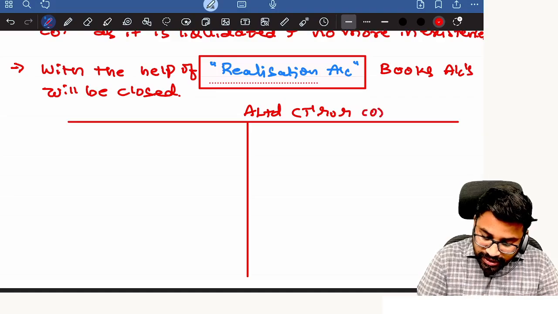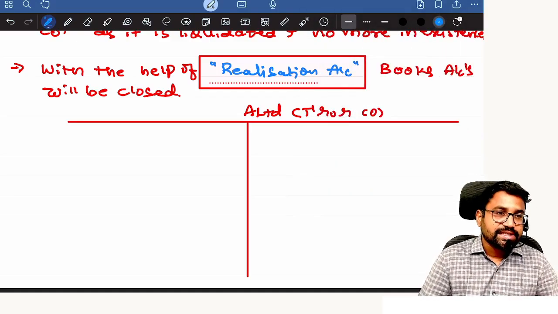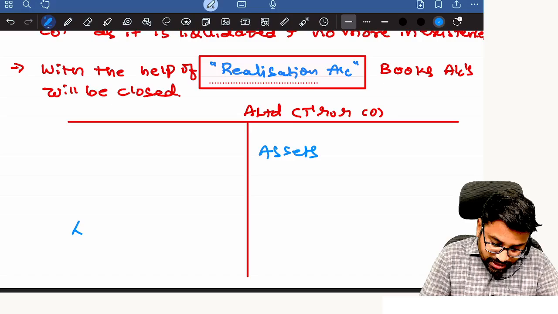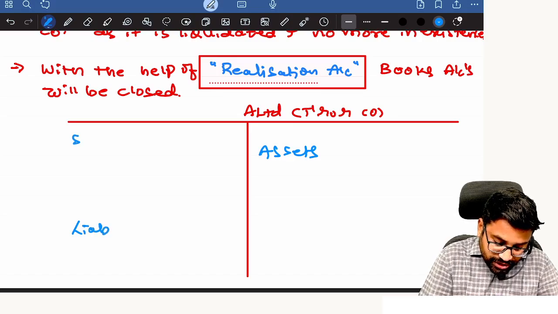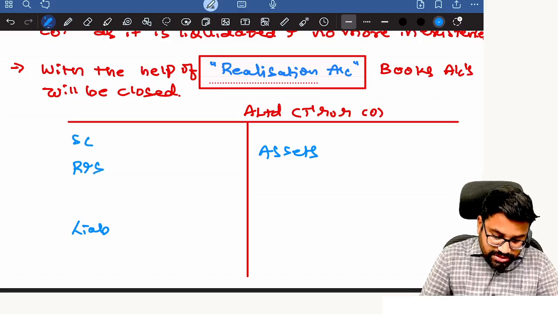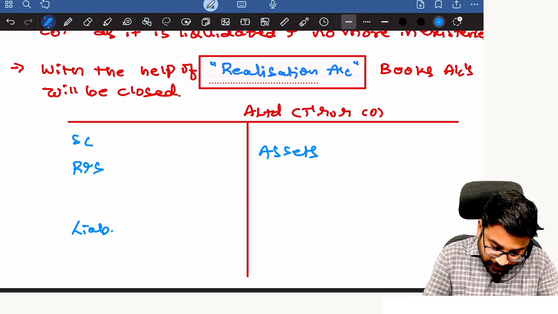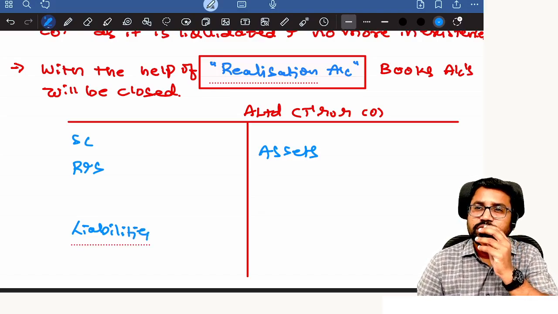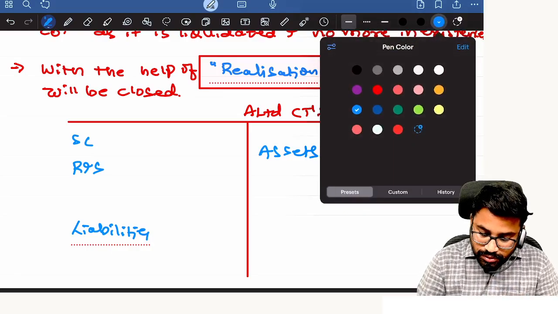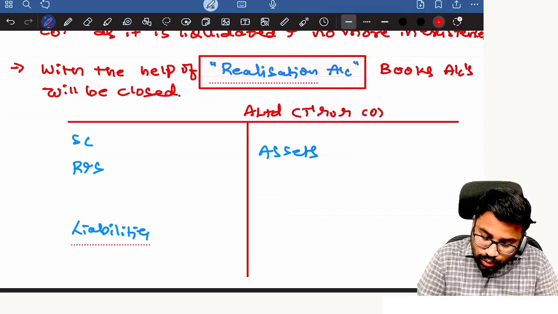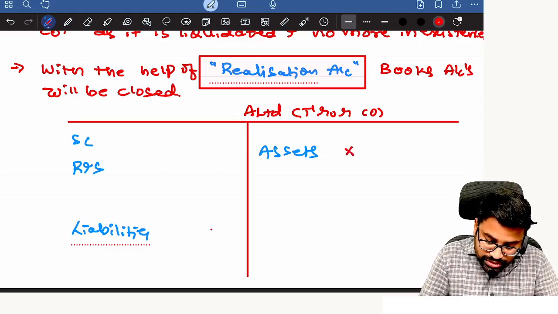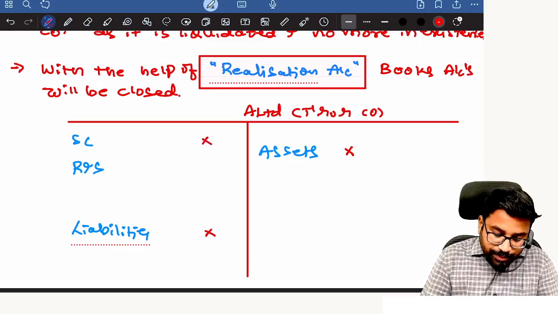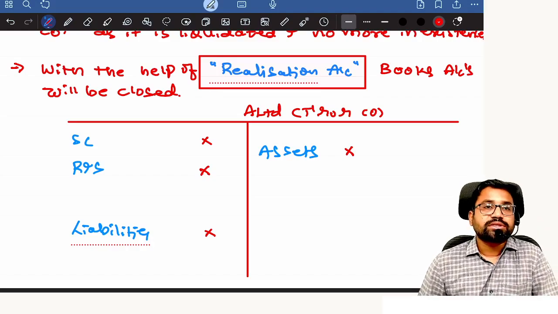Now tell me, in a company generally what items will be in existence? Assets, liabilities, share capital, reserves and surplus. Correct? So that means closing books of accounts means what? Closing books of accounts means we need to close assets, we need to close liabilities, we need to close shareholders' share capital, we need to close reserves and surplus.